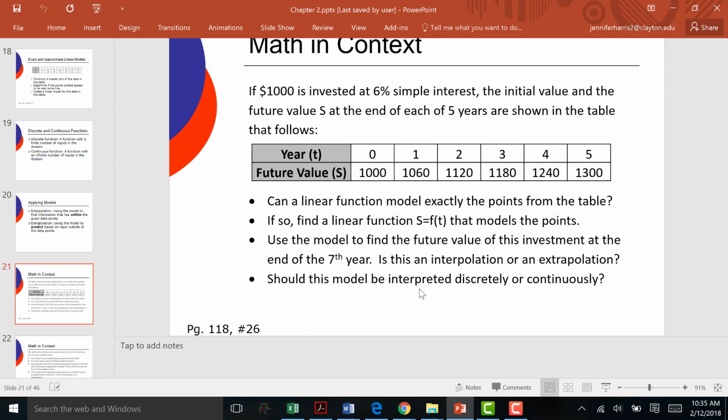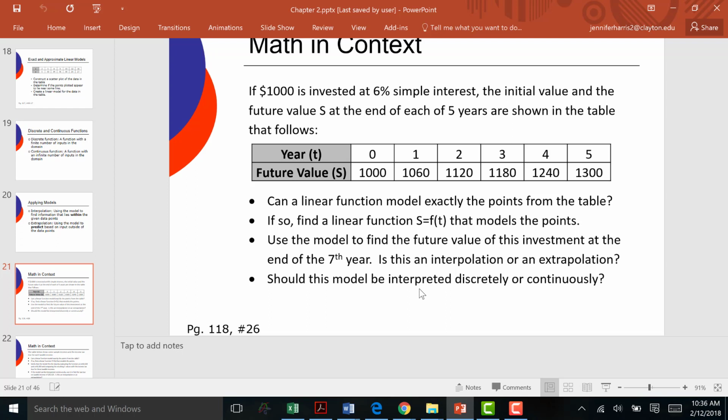Plug 7 into my equation that you just created. So in the place of this T, put a 7 and then do the math on your calculator. If you can do it in your head, that's wonderful. All right, so plug a 7 in here. All right, 60 times 7 is what? 420 plus 1,000 equals. All right, so now, at the end of what?